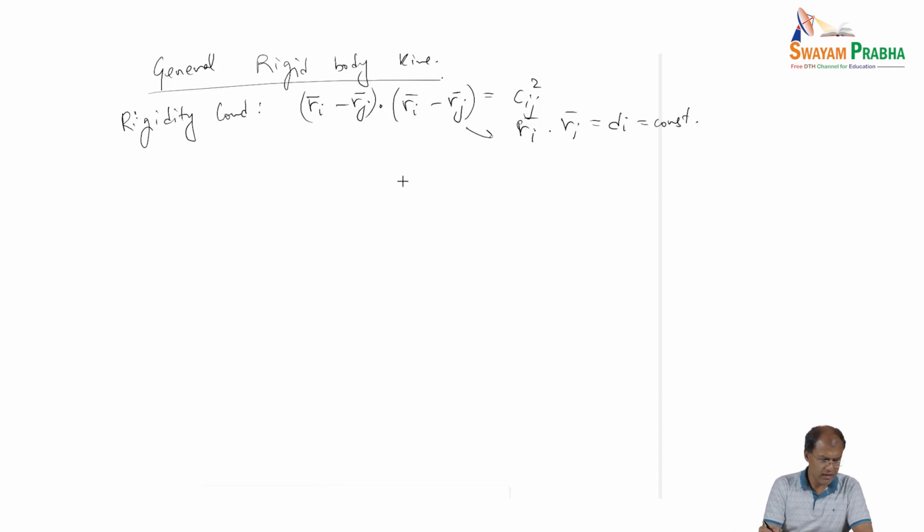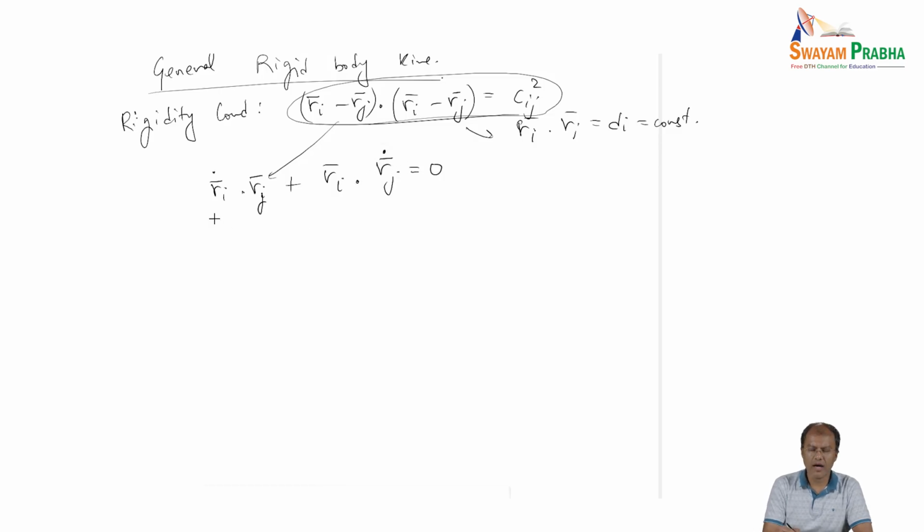If we differentiate this result, we get Ri dot Rj dot plus Ri dot Rj dot, this is 0, and this is for all i, j.